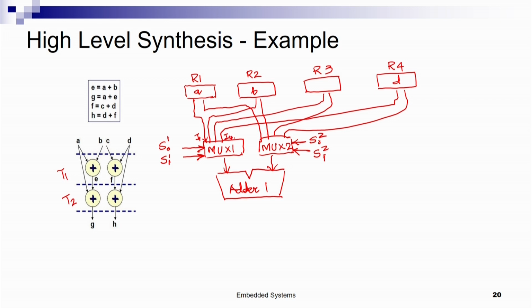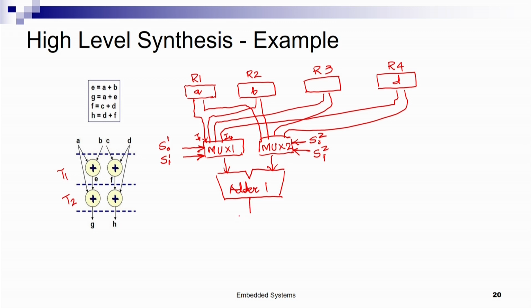So, I1, I2, I3, I4. I1 is selected when the select inputs are 0, 0. So, R1 will be selected when the select input is 0, 0. R2 will be selected when the select input is 0, 1 for mux 1, likewise. Similarly, for mux 2. So, what we want to say is that mux 1 will allow the contents of R1 to pass to adder 1 if the select inputs are 0, 0 corresponding to mux 1.